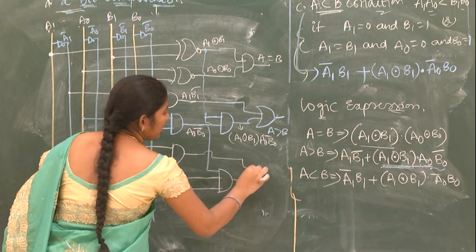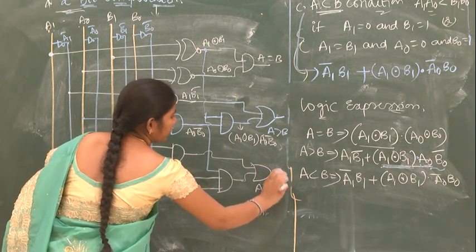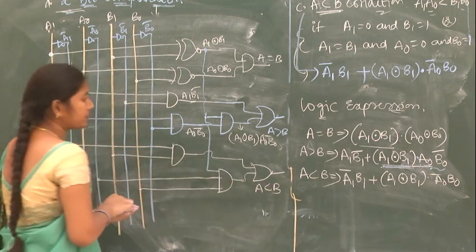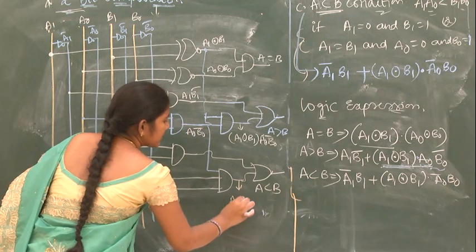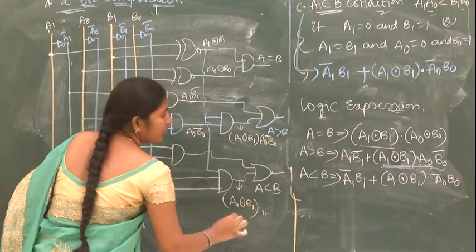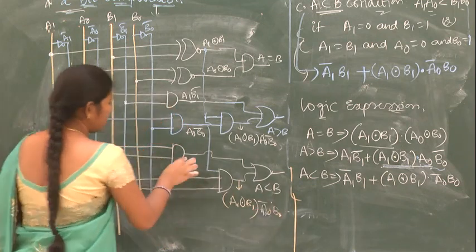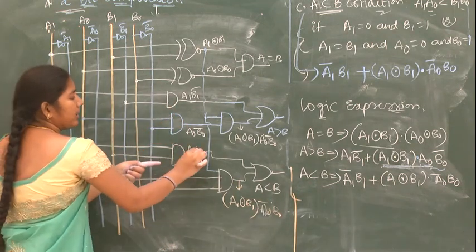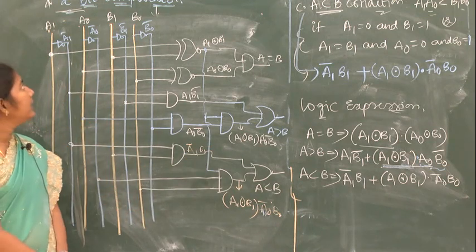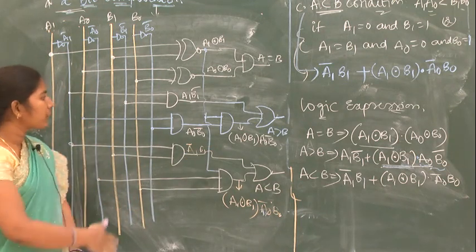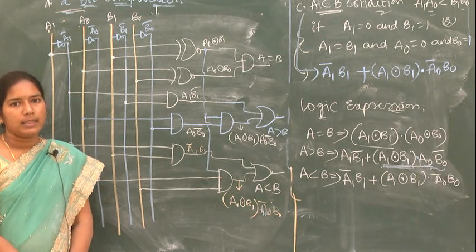Then these two functions are ORed together to get A less than B. Here it is: this output is A1 exclusive NOR with B1, ANDed with A0 bar B0, and this function is A1 bar and B1. Right? In this way, we can design a 2-bit comparator. Thank you.